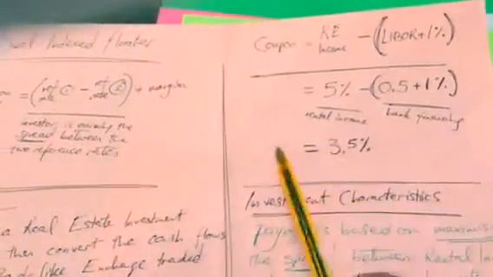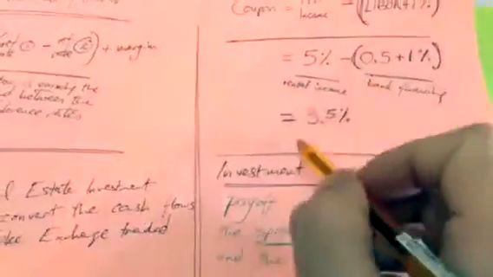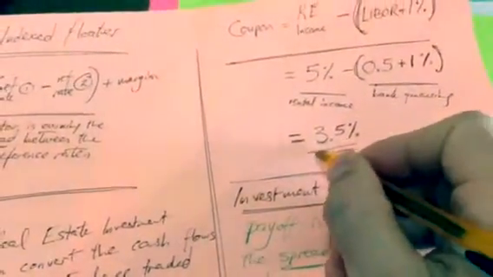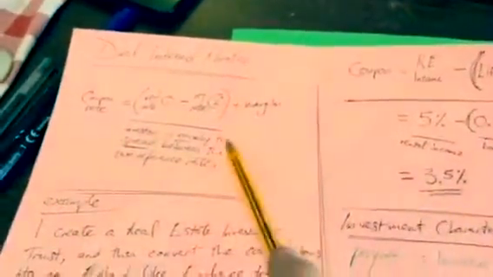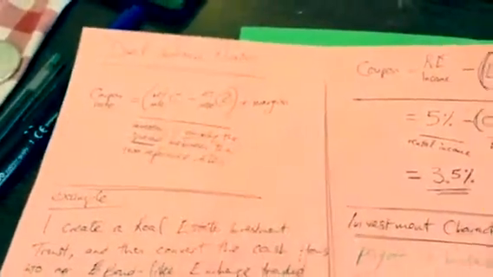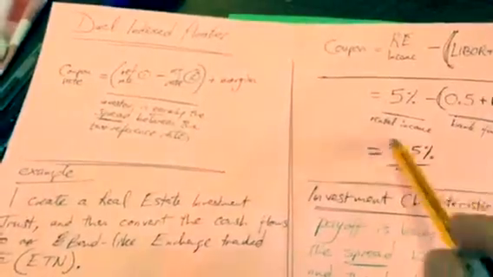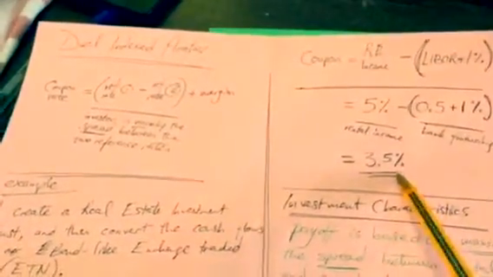The net coupon is going to be 3.5%, which is the 5% minus the financing rate. So this is how we get a spread. We've got an income net of a cost of a financing rate, and this gives us a spread between two rates, an income rate and a cost rate.